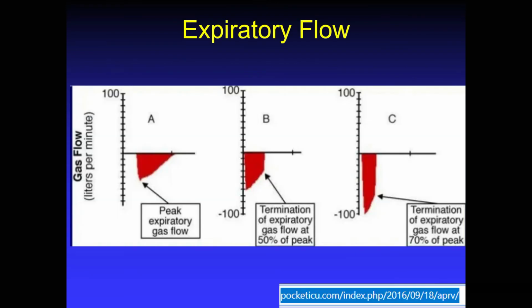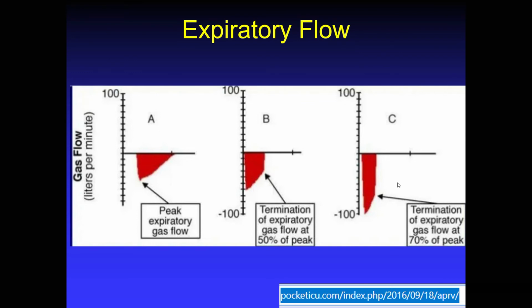Now, what's that mean? This can be visualized by looking at expiratory waveforms. So pictured here are schematic expiratory flow rate waveforms. In the first one, in A here, we have 100% of the flow being exhaled, and so you get kind of this triangular appearance here. If, however, you terminate the expiratory gas flow at 50% of its peak, you get kind of more of a squared appearance here.